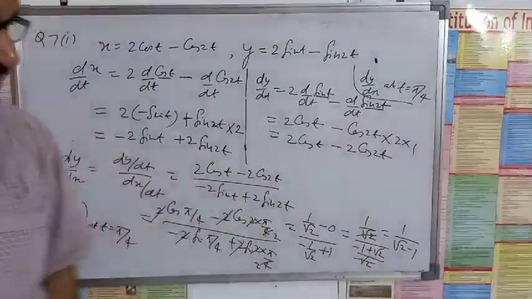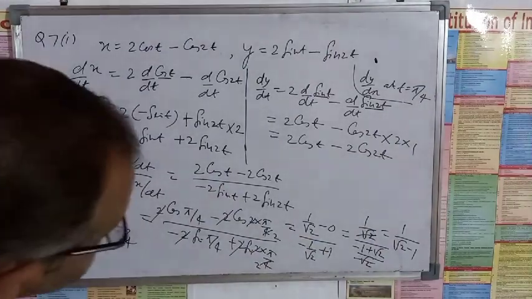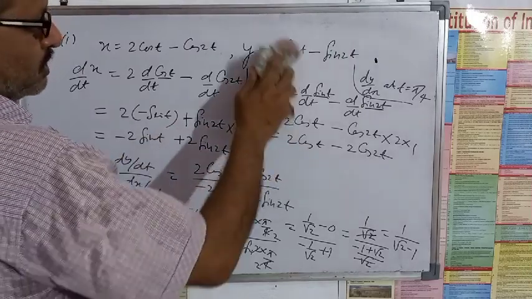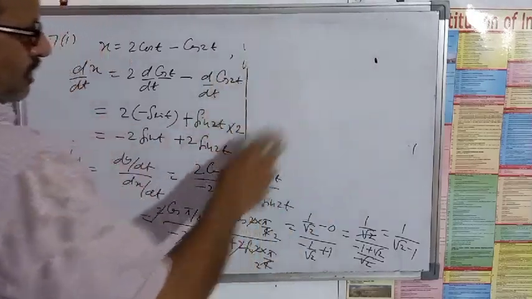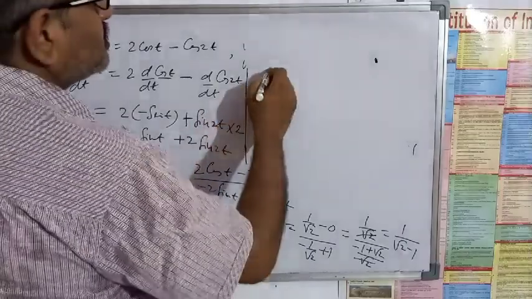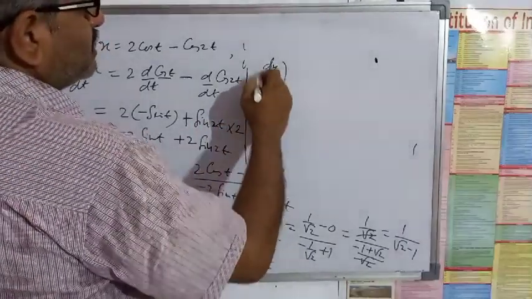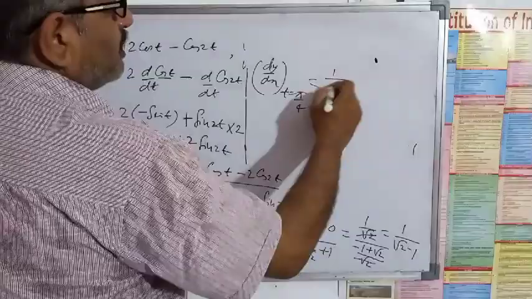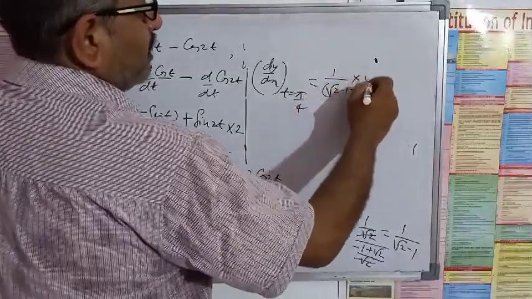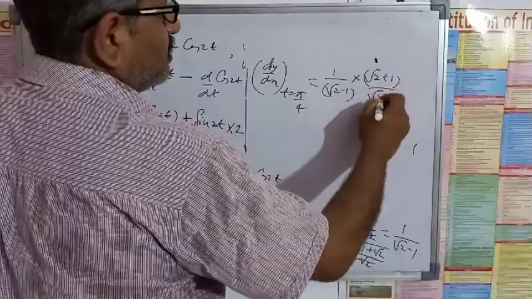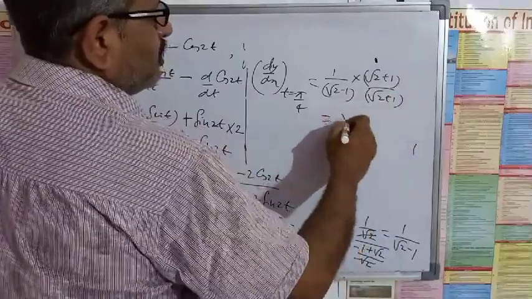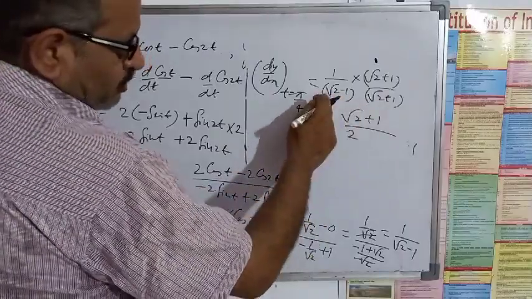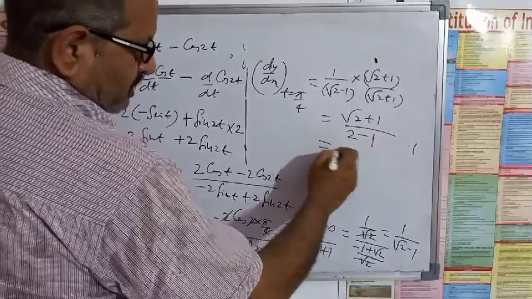You can rationalize it. So dy by dx at t is equal to pi by 4: we write 1 by root 2 minus 1, multiply by root 2 plus 1. Numerator is root 2 plus 1, and in the denominator, a minus b, a plus b, so root 2 square minus 1 square, 2 minus 1.